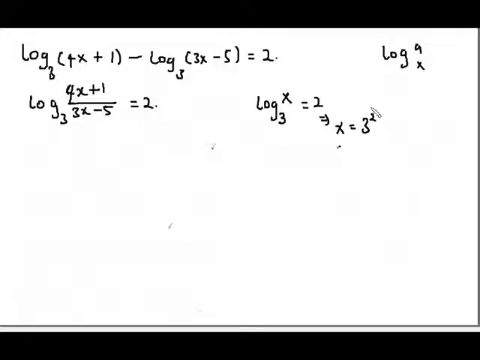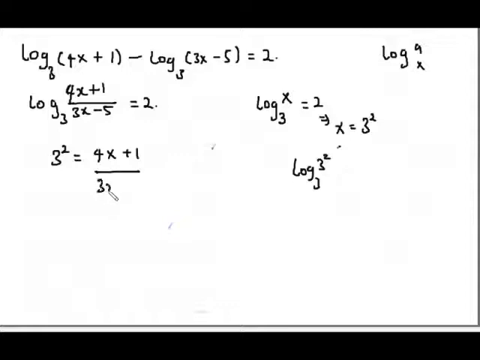So we can introduce log of 3 squared onto this side of the equation and use it to solve the problem. Or we could just convert this form to an exponential equation, so that this becomes 3 squared equals (4x + 1) over (3x - 5).